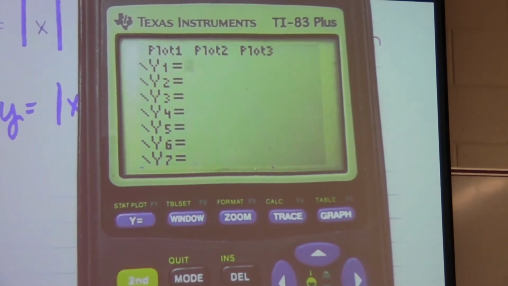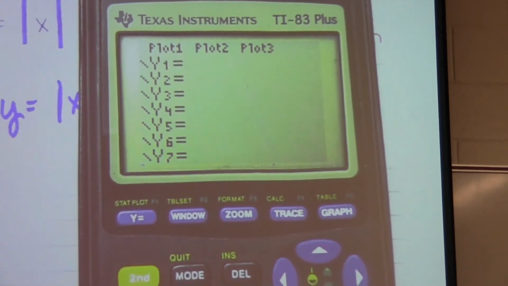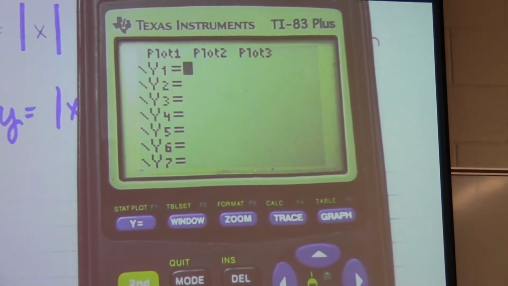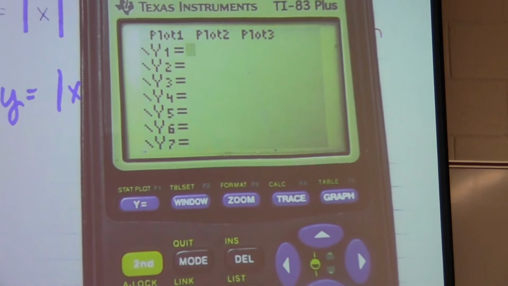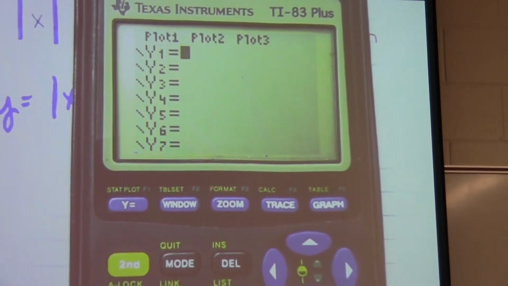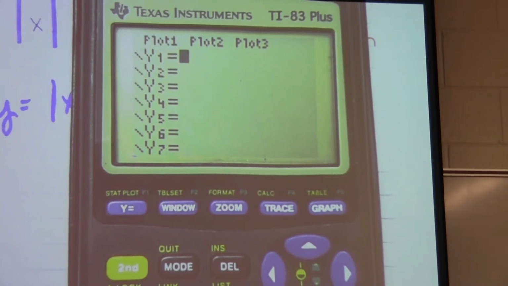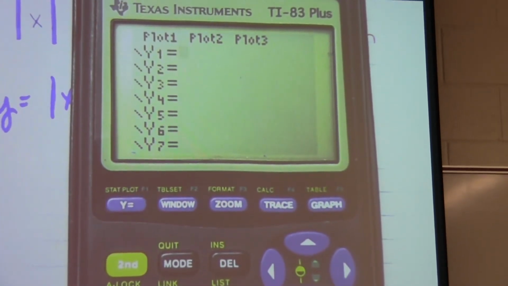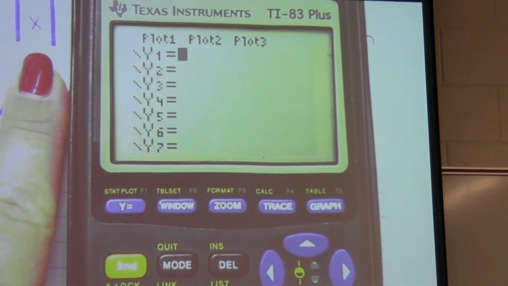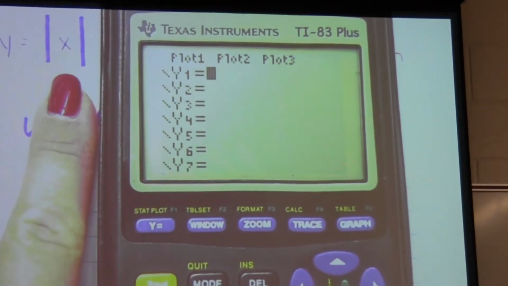We want to clear out anything that's in there right now. And to find your absolute value sign, it's going to be really important right now that you're paying attention, because it's not a nice little sign that you see on there anywhere. Like I can look at all those keys, nothing looks like my absolute value sign up here. And so instead, if I want to graph the absolute value of x, I want you to find it.